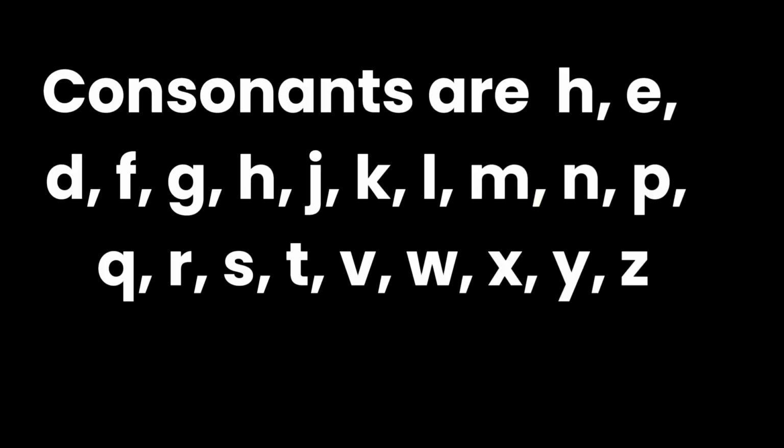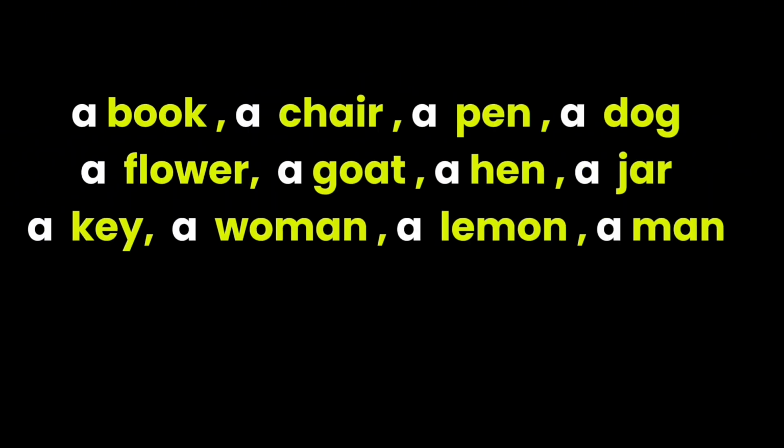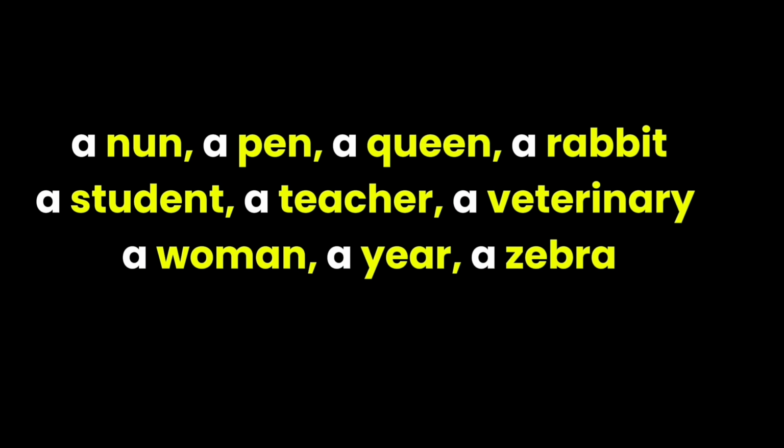Consonants are B, C, D, F, G, H, J, K, L, M, N, P, Q, R, S, T, V, W, X, Y, Z. A book, a chair, a pen, a dog, a flower, a goat, a hen, a jar, a key, a woman, a lemon, a man, a nun, a queen, a rabbit, a student, a teacher, a veterinary, a year, a zebra.